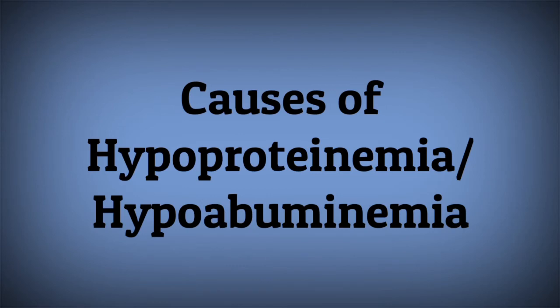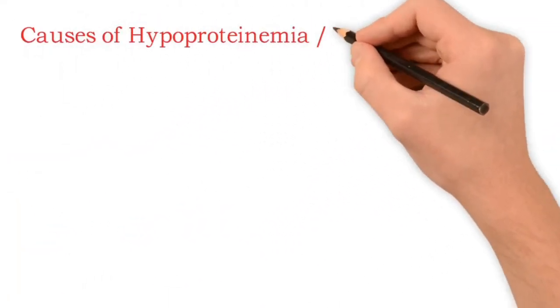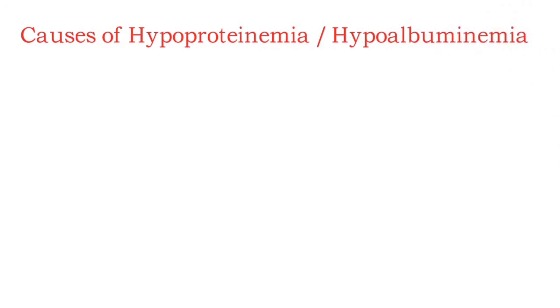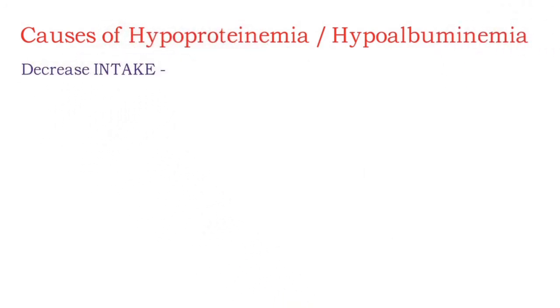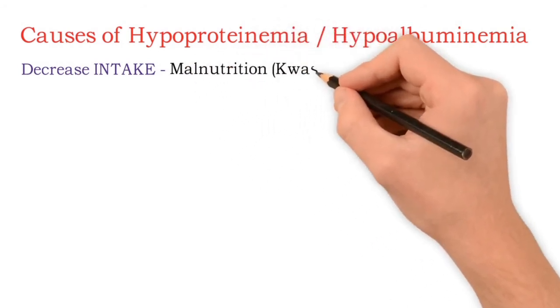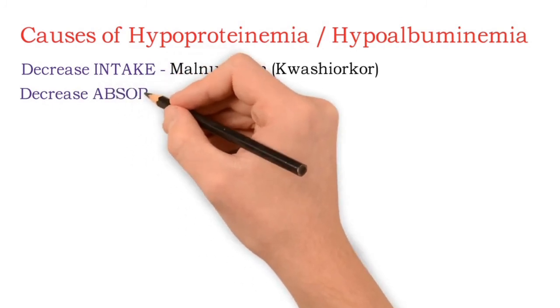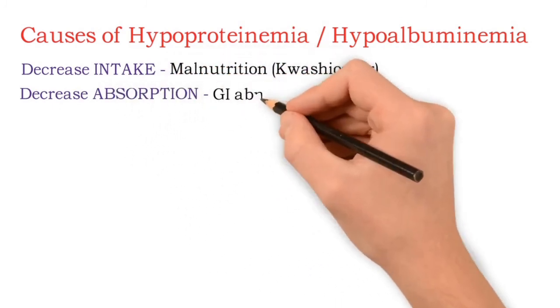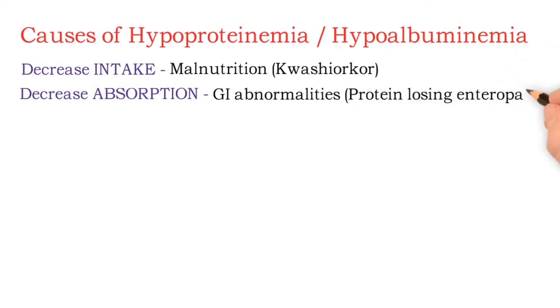Now we'll see the causes of hypoproteinemia, that is mainly due to hypoalbuminemia. First is decreased intake of protein, that is malnutrition, for example, kwashiorkor. Second is decreased absorption of proteins, that is GI abnormalities, protein losing enteropathy.